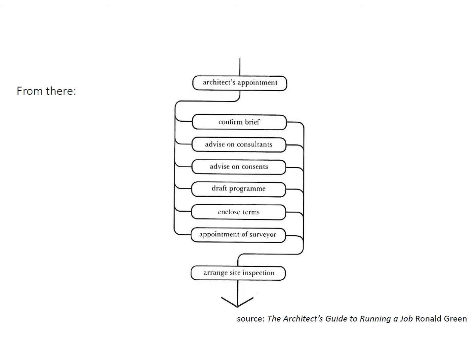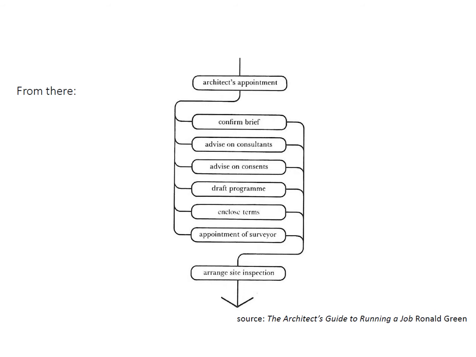So from that point, we've got various items that need to be considered in commencing a project. On the flow diagram here, we have confirming the brief, which is what we talked about last week. We have advising on consultants. So here you might advise that you might need an engineer or specialist designers or quantity surveyors to assist you on the project.